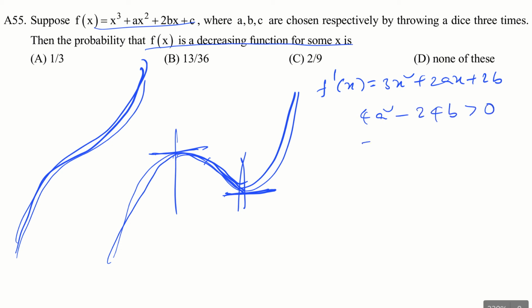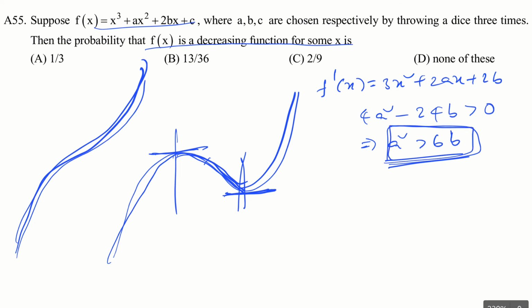From this I am getting a square must be greater than 6b. So we observe that c has nothing to do with the condition. So the focus is only on a and b. It is enough that while choosing a and b, this condition is satisfied.